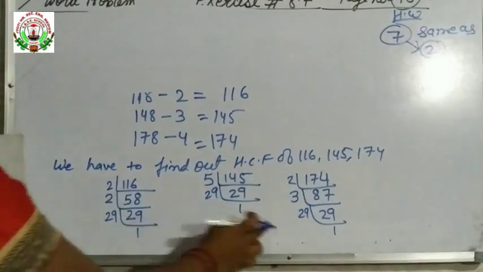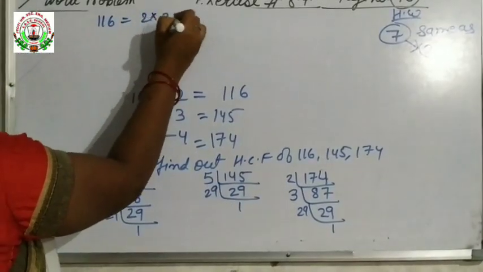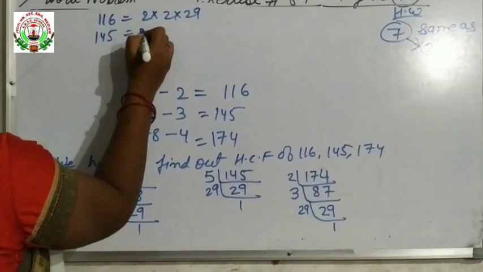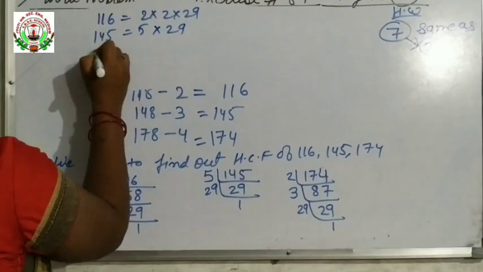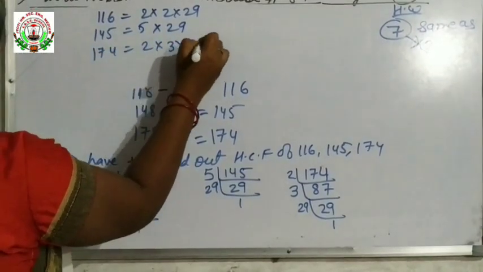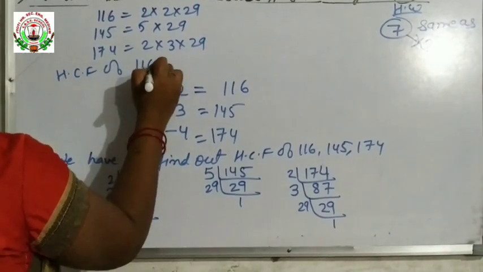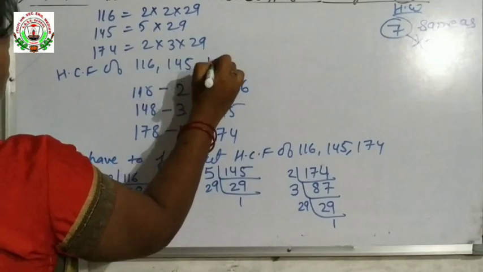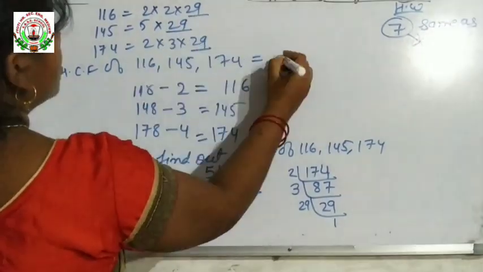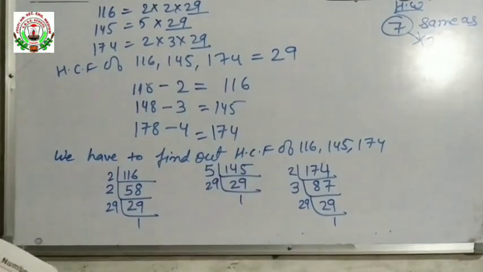we will write the prime factors of these numbers. 116 is equal to 2 into 2 into 29. Then 145, 5 into 29. Then 174, that is 2 into 3 into 29. Now HCF of 116, 145 and 174 is equal to, it is the common number, so 29 is the HCF of the given numbers.